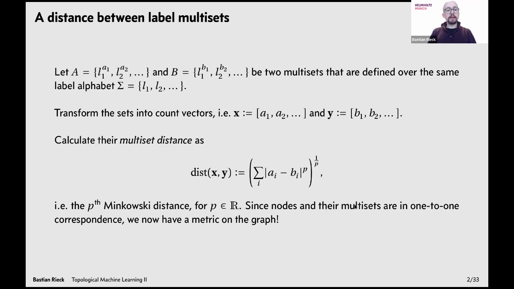And then we can calculate the multiset distance of these count vectors as just some kind of Minkowski distance for a specific choice of P. Typically, I might not mention this specifically later on, but typically P is just set to 1 or to 2. And the interesting thing is, since the nodes and the multisets that they create are in one-to-one correspondence based on the WL test, we now have an actual metric on the graph.